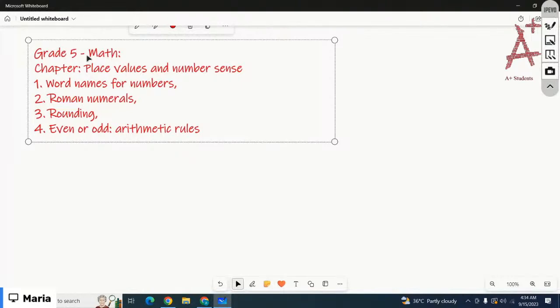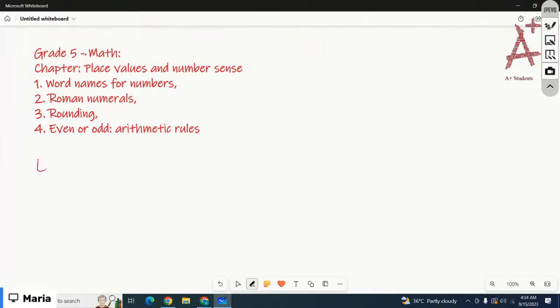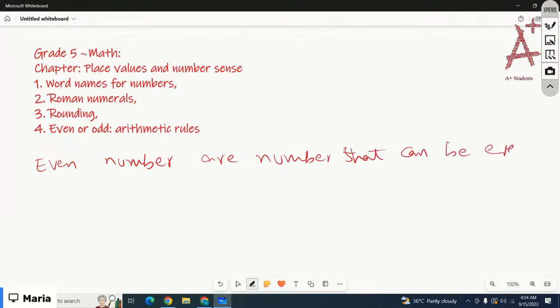So what do you know about even or odd numbers? What are the even numbers? Even numbers are the numbers that can be evenly divided by 2, right? And odd numbers are the numbers that cannot be divided by 2, right?